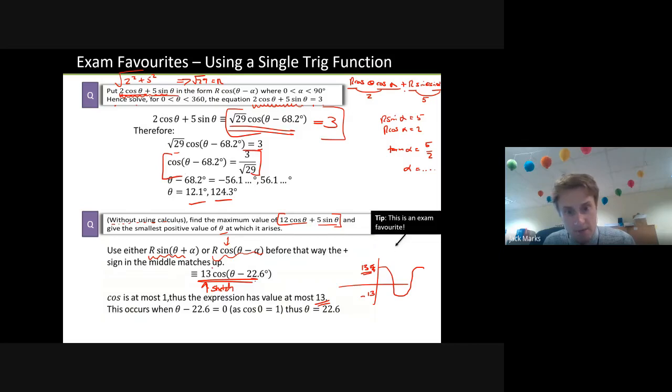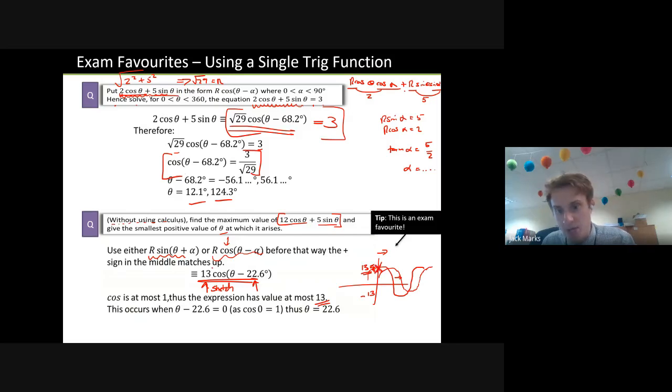What's this bit here? Well, this is a translation to the right by 22.6 degrees. So it's not a massive amount that is moved over that way, but it means that the graph actually looks a little bit more maybe like this. Okay, so when does it reach its maximum?